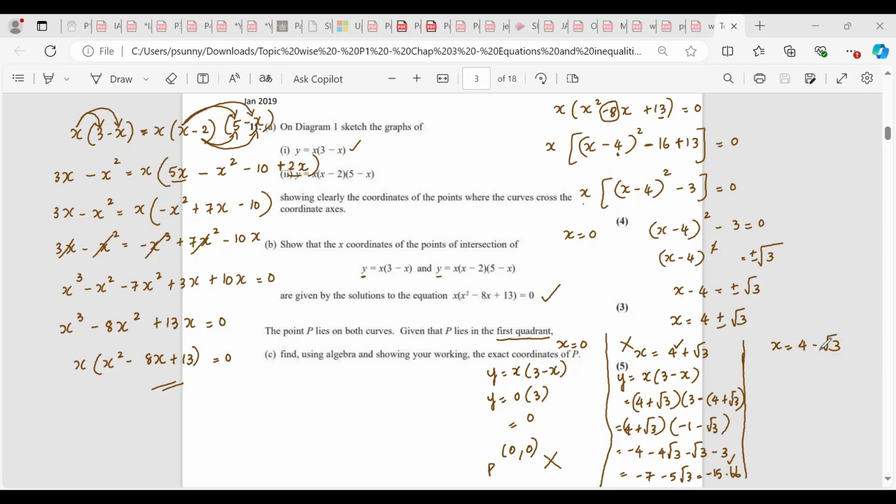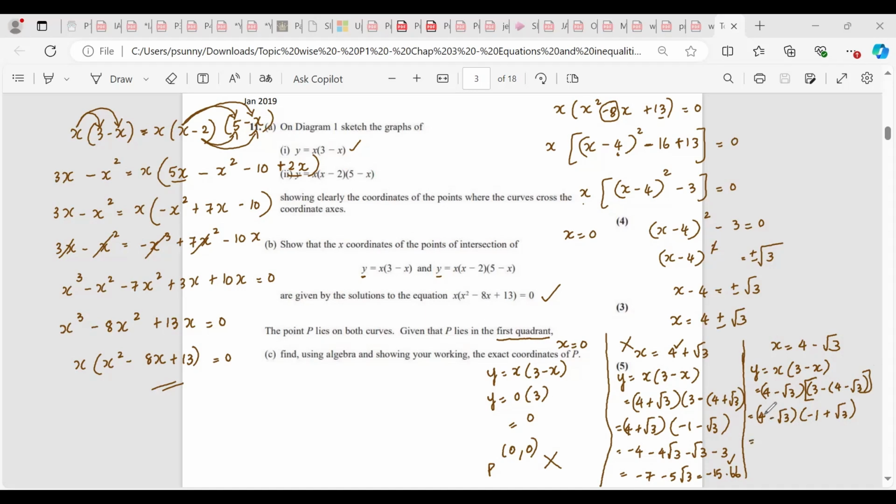Let's try for this. x is 4 minus root 3. What will be your y value? So y is equal to x into 3 minus x. So x, we know it is 4 minus root 3, into 3 minus, instead of x, 4 minus root 3. So this is basically (4 minus root 3) into (3 minus 4), that is minus 1, and minus into minus is plus, so plus root 3.